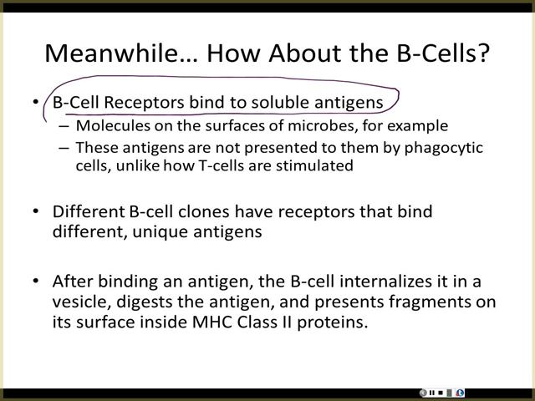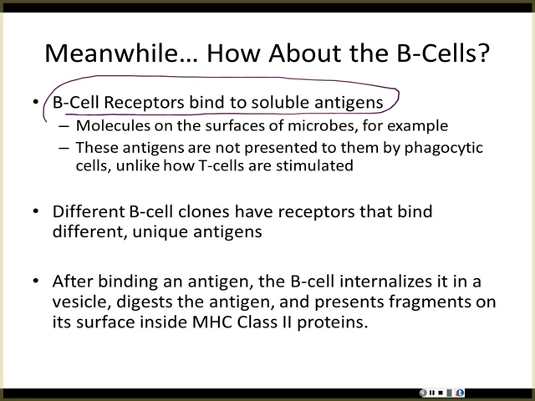B cell receptors will directly attach to bacteria, viruses, yeast, protozoans, whatever they are, they attach to soluble antigens. So the antigen is floating through our body fluids. T cells have to have antigens presented to them by our own cells. So that's a main difference between the two.